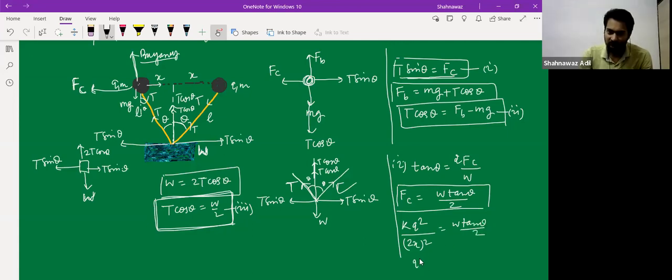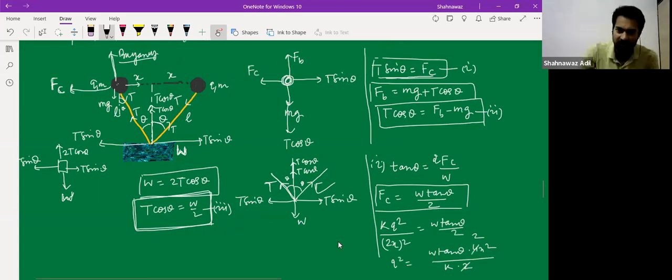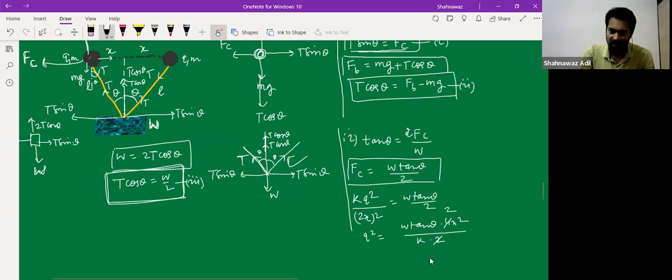So Q square would be W tan theta times 4x square by K into 2. So 2 cancels, and we have W tan theta. K is 4 pi epsilon naught, and with the 2, it is 8 pi epsilon naught x square. Root under. So this is our charge.